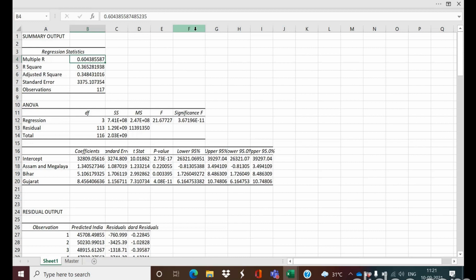Come to the third table. The intercept, the y-intercept, is 32809, which is the constant, and Assam coefficient is 1.3, Bihar is 5.1, and Gujarat is 8.45.